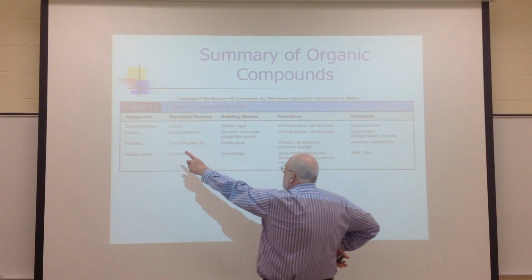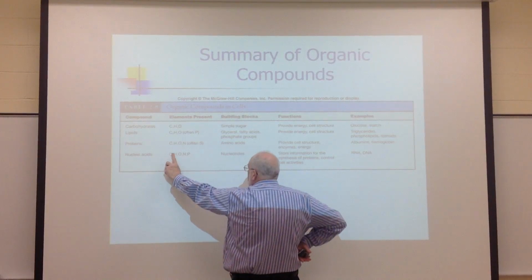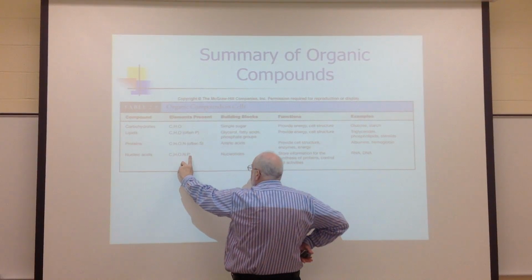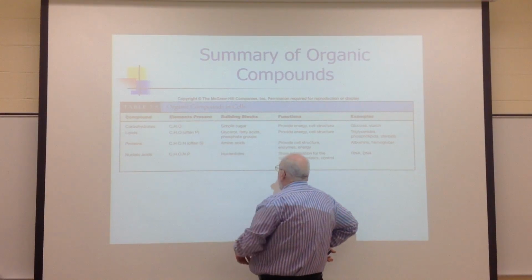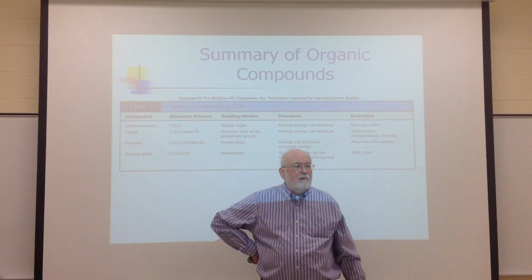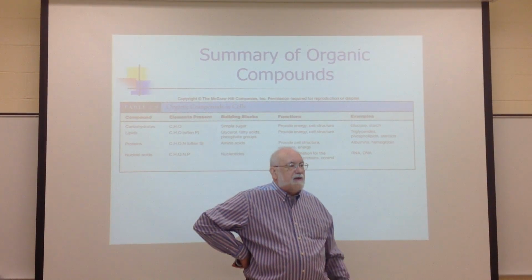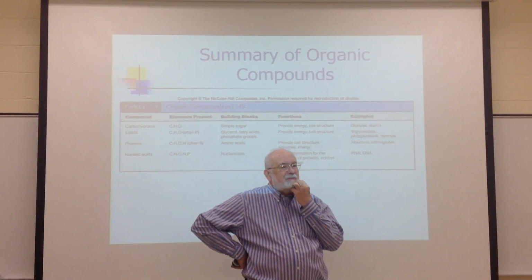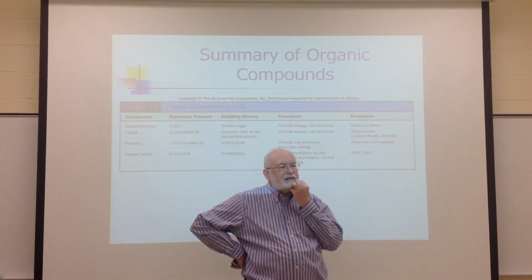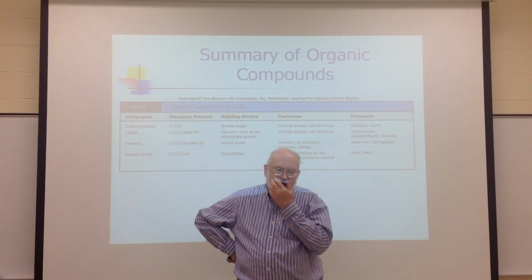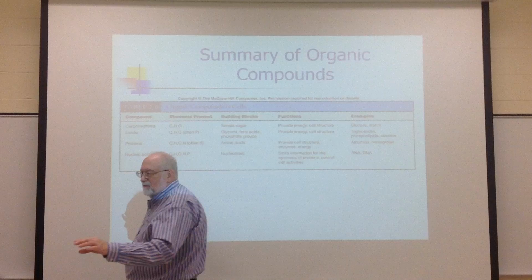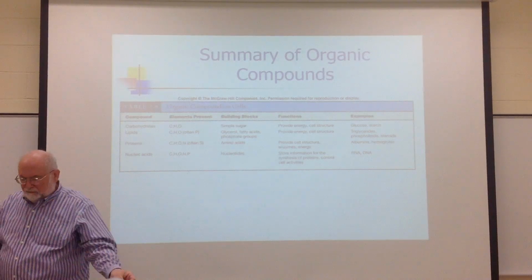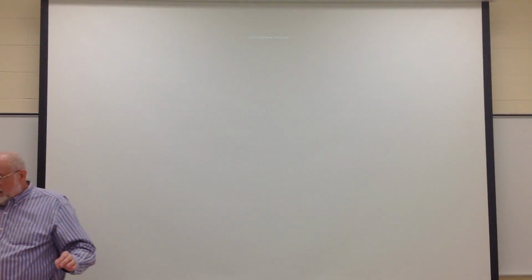Nucleic acids. Elements, carbon, hydrogen, oxygen, nitrogen, and phosphorus. And now what about energy compounds? What was the one we had there? ATP. How many phosphorus in ATP? All right, so without further ado, let's go to our little review sheets.